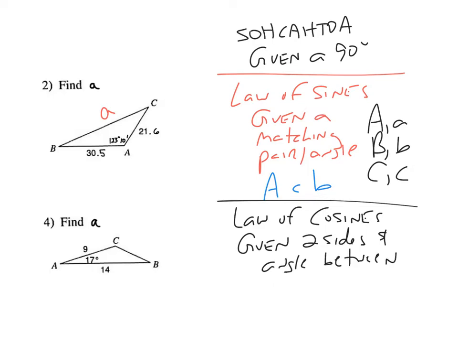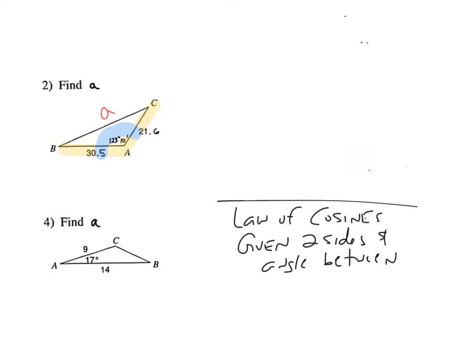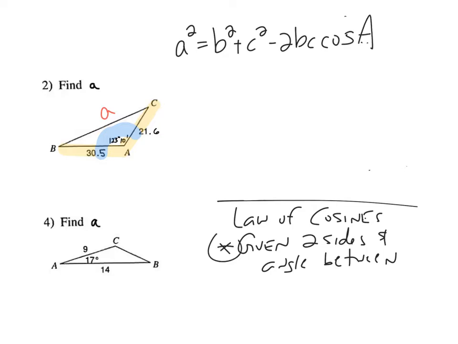We're given two sides, the 21.6 and the 35, and we're given the angle in between, which is angle A. So when you're given two sides and the angle in between, the law of cosines takes on this form: a squared, because we're finding a, equals b squared plus c squared minus 2bc times the cosine of A.